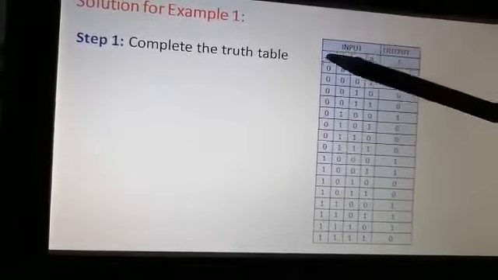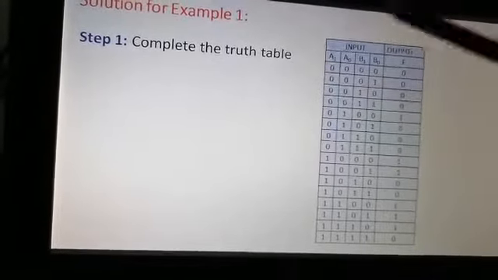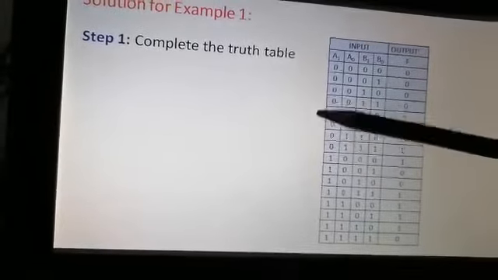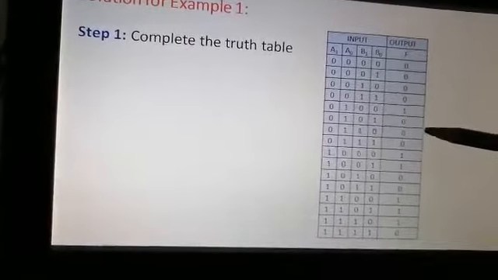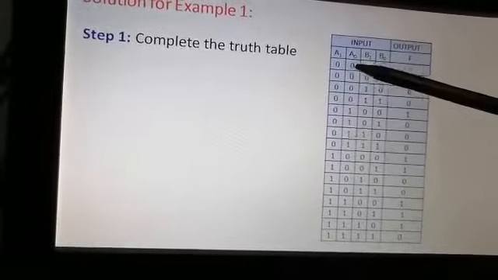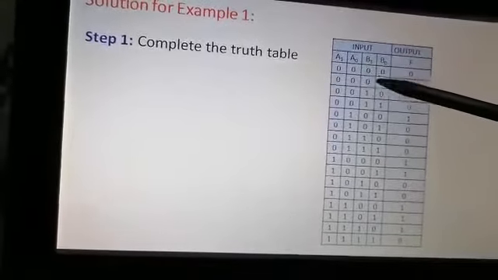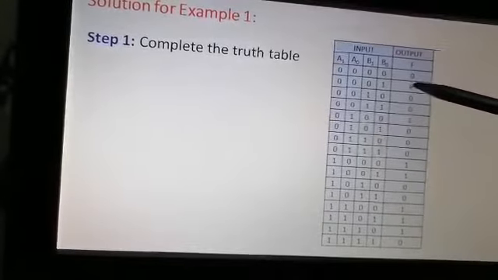As the example, A greater than B. This one, A and B are the same, that's why the output will be 0. This one, B greater than A, so that's why 0.